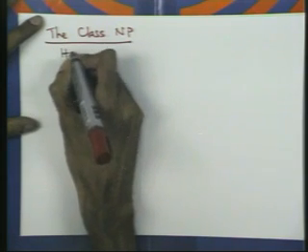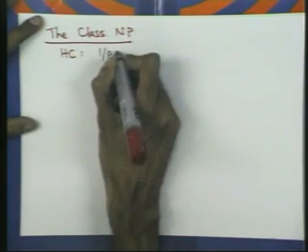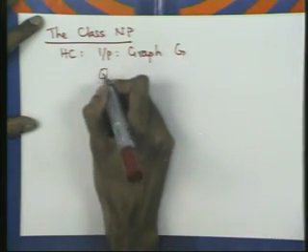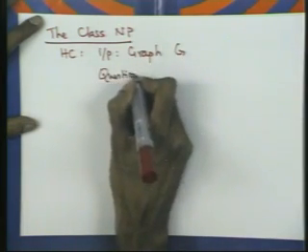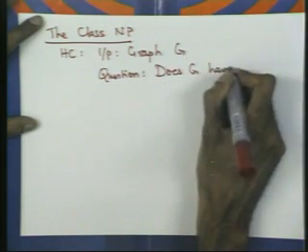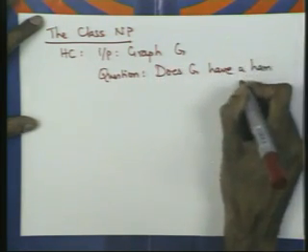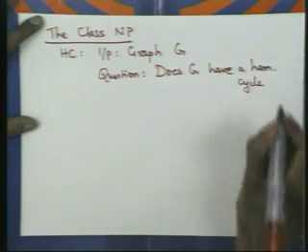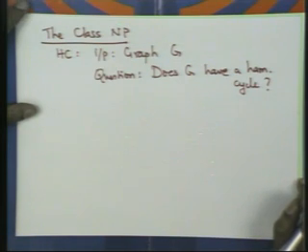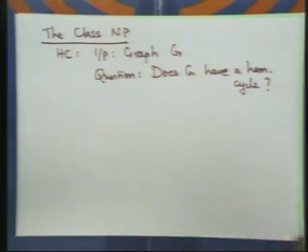So HC, the input is a graph G, and the question is, does G have a Hamiltonian cycle? Let's look at this problem. Now we are going to do something slightly different from what we have been doing. We are not going to design algorithms for the time being.